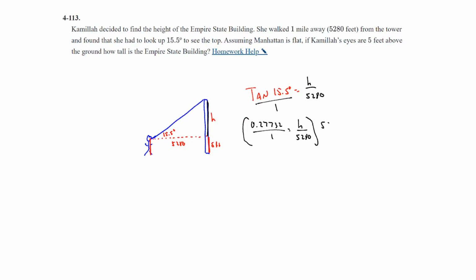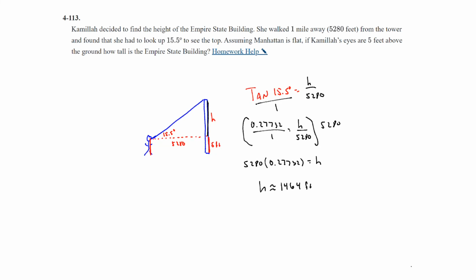Multiply both sides by 5,280, and we'll get 5,280 times 0.27732. Or if you use tangent of 15.5 exactly, you'll get a more accurate answer when you go to plug this in. So we will say h is approximately, we'll round it to the nearest whole number, 1,464 feet.